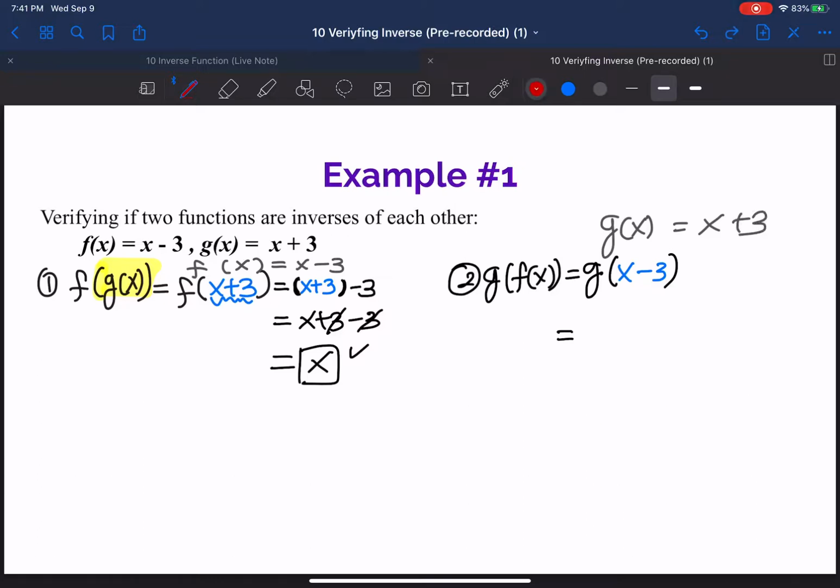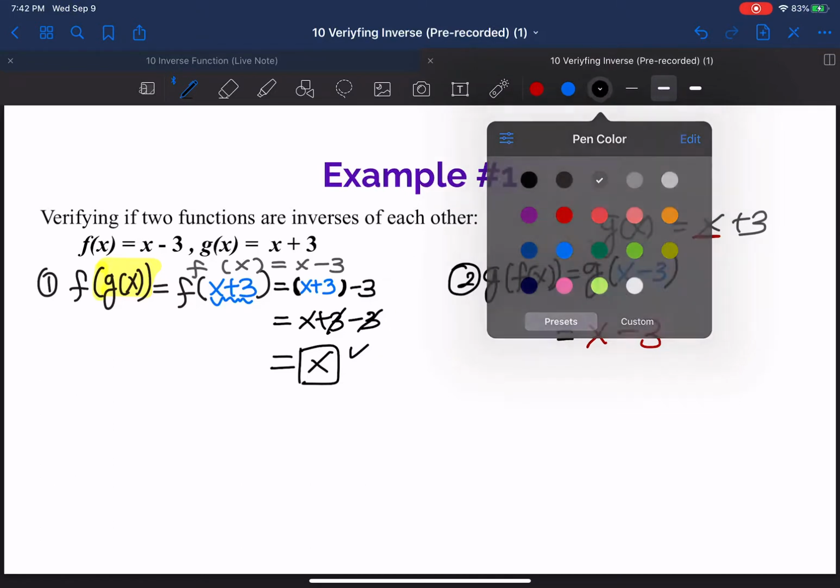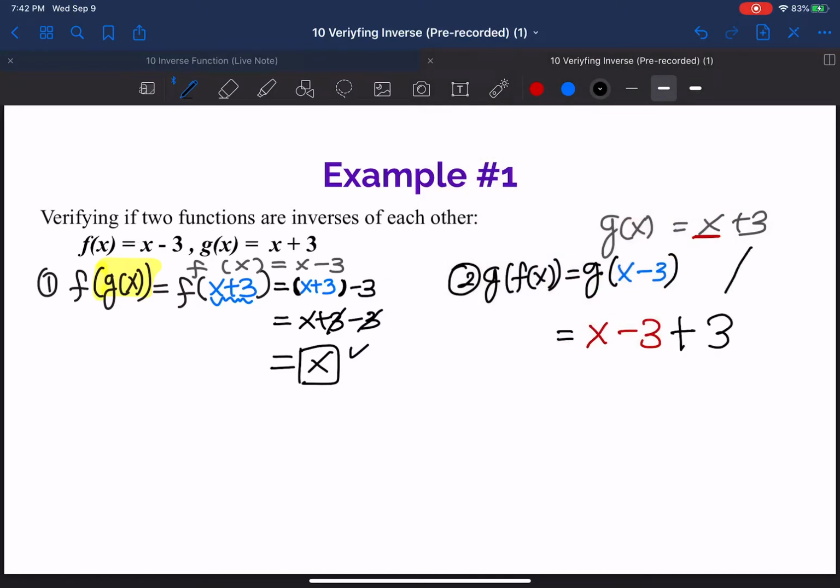So now, instead of x, we are going to use x minus 3, and then copy plus 3. It's from here. And this 3 cancels, and my answer is x. Yep, f of g and g of f. Both results are x, therefore these two functions are inverses.